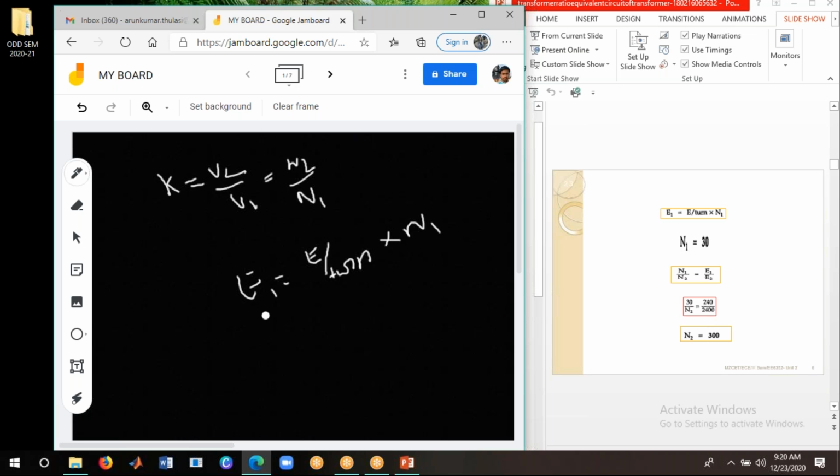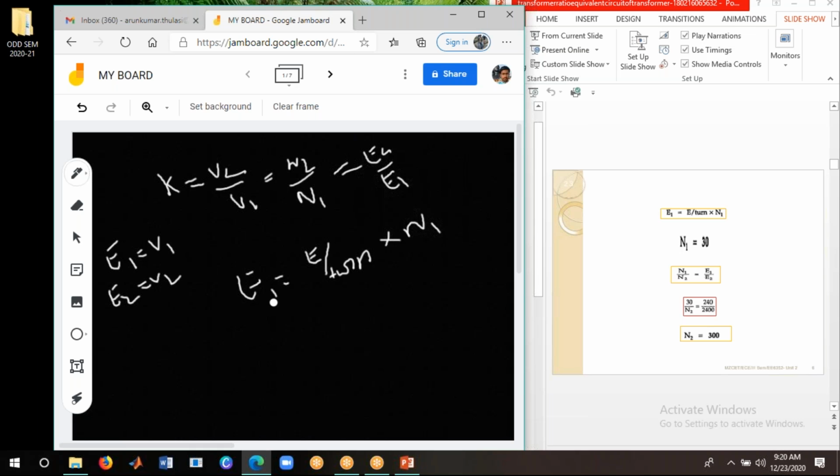So from this, what is the E1 value? Here you can write E2 divided by E1. From this equation you can represent that E1 equals V1, E2 equals V2, from this transformation ratio, right?